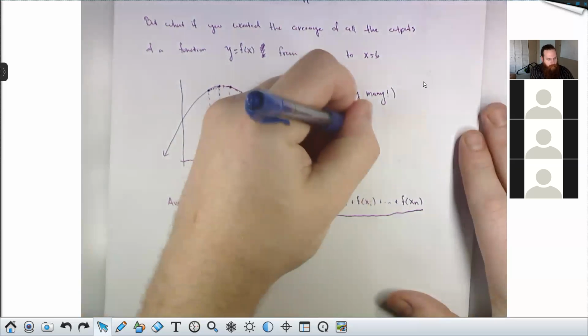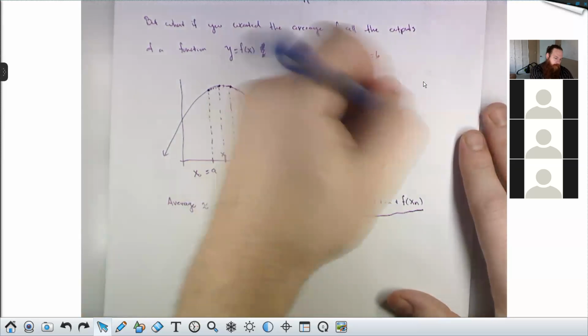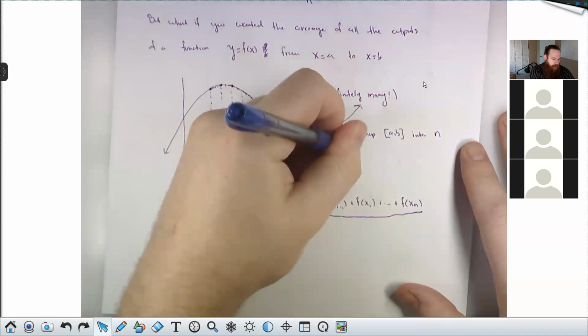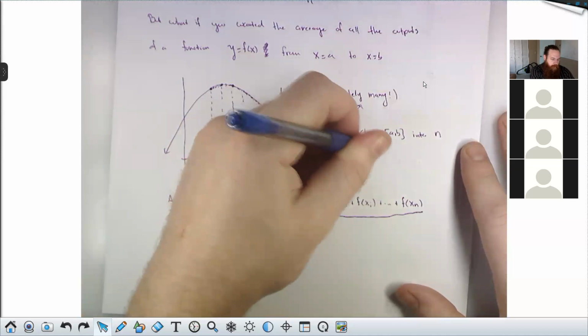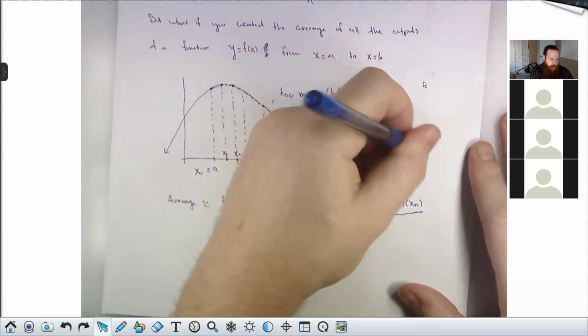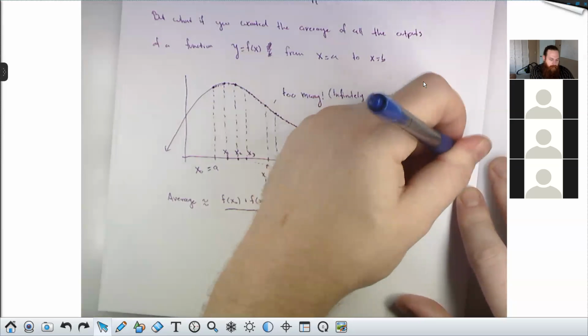So here we chop the interval ab into n subintervals of length b minus a over n. We call that delta x.